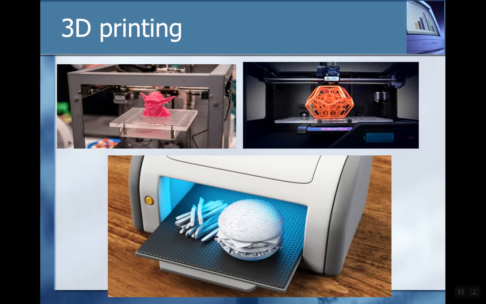To give you an example, you go to Amazon, you want to buy a pair of sneakers. You put the order in, and what Amazon would do is send you the instructions to your 3D printer in your house that would then print you a pair of sneakers.